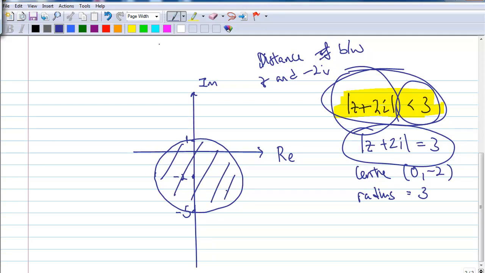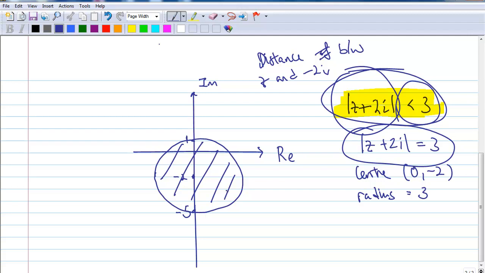Inside the circle. Now what about the points on the circle? Now the points on the circle have distances, okay, that are exactly 3. Okay, so if that's the case, we do not want those points on the circle. We only want the points inside the circle.